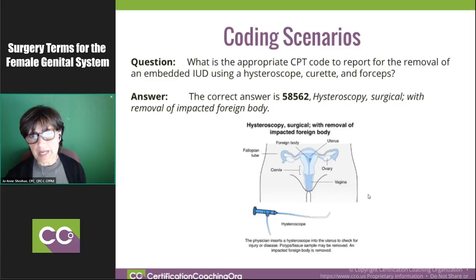A lot of times what happens, and that would even be true in a doctor's office if this was the case, but for example, we have patients that want to get pregnant after they've had an IUD for 3 or 4 years, and they call and they just tell the doctor, I want to have an IUD removed because I want to get pregnant.